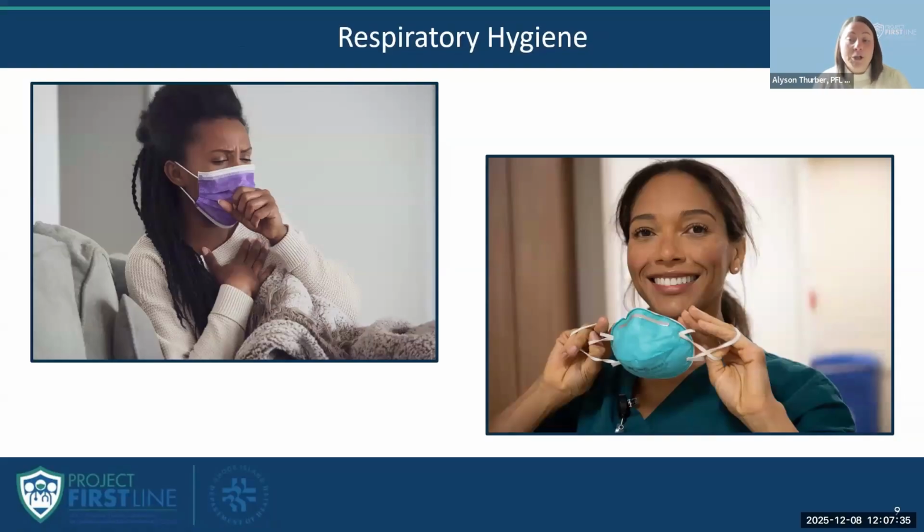Another part of standard precautions includes respiratory hygiene and cough etiquette. So this involves wearing masks when appropriate, like when community transmission of respiratory illnesses like influenza are high. Also when patients have respiratory symptoms.